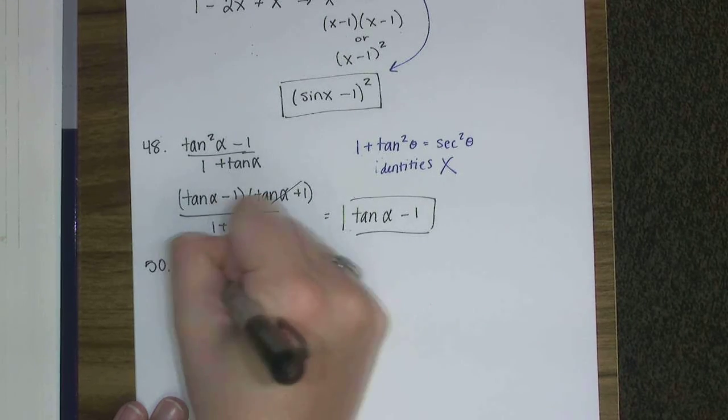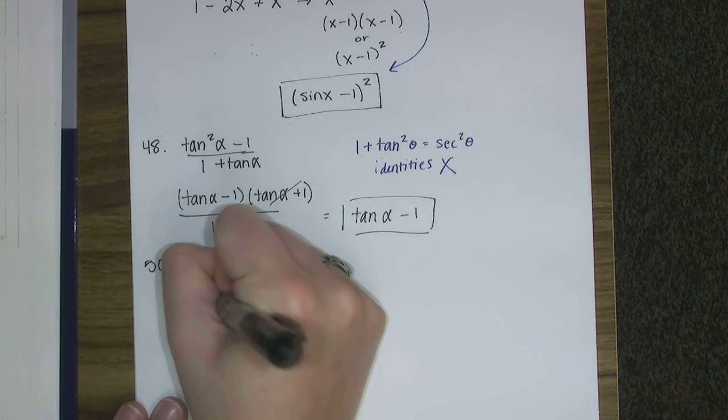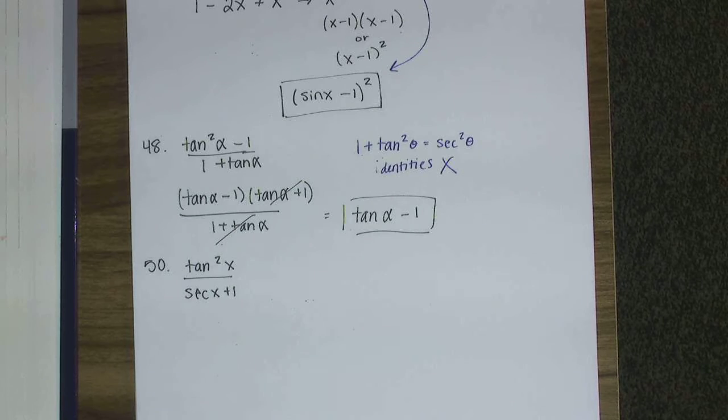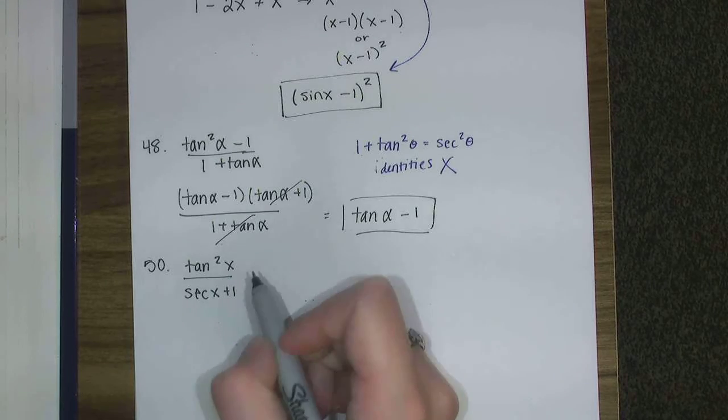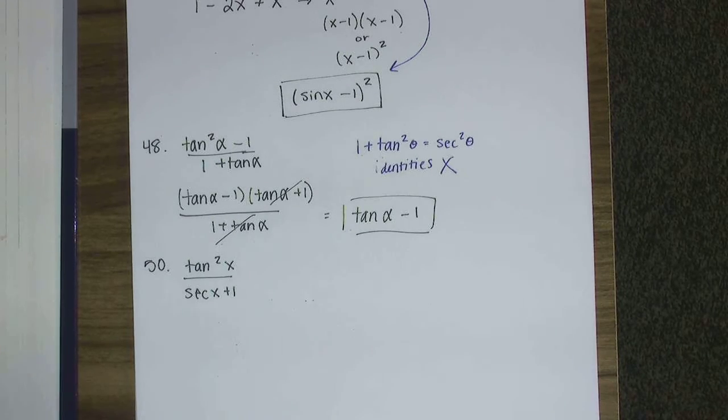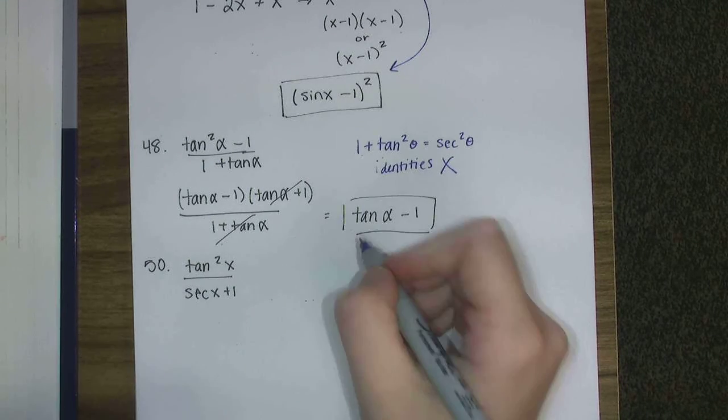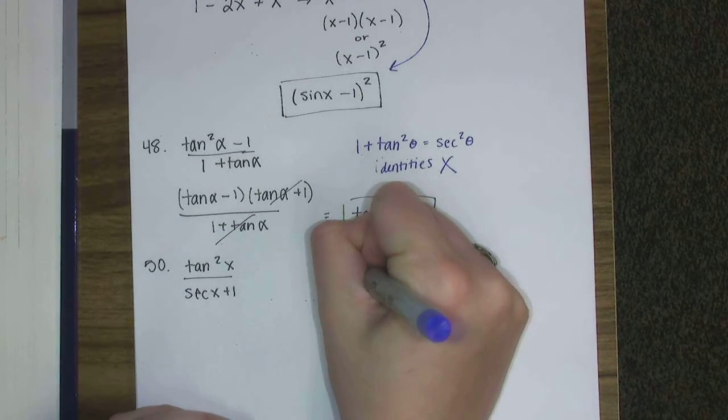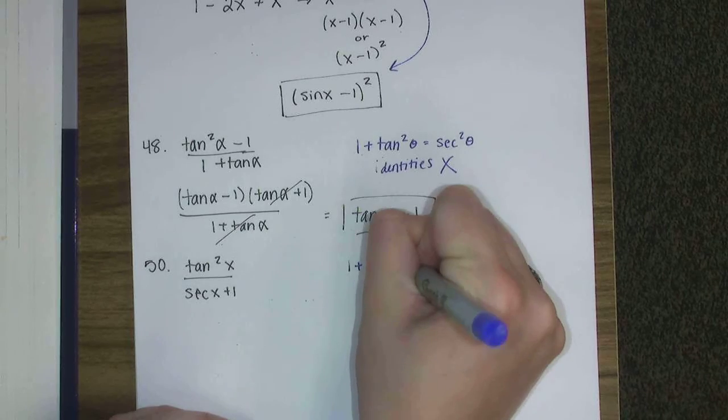Let's just see here if they will or not. I have the same identity to think about: 1 plus tangent squared of theta is equal to secant squared of theta. Well, I have a secant plus 1 on the bottom, but that's not squared, so I can't really do anything there. But maybe I could rewrite tangent squared.